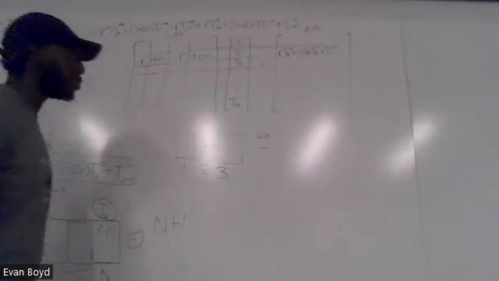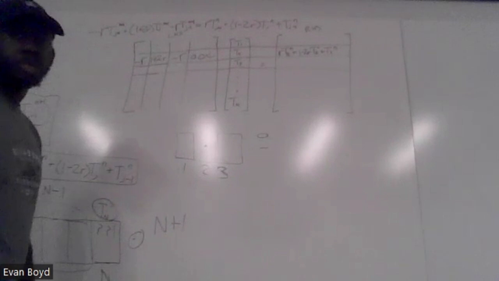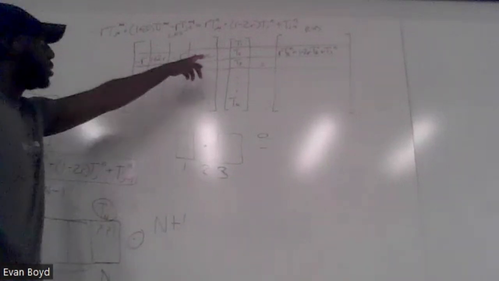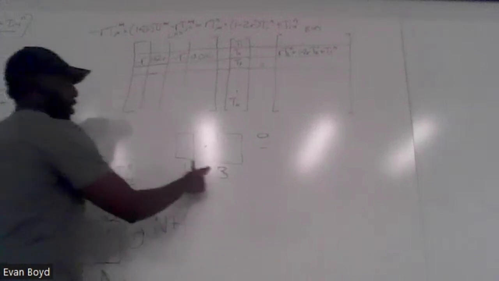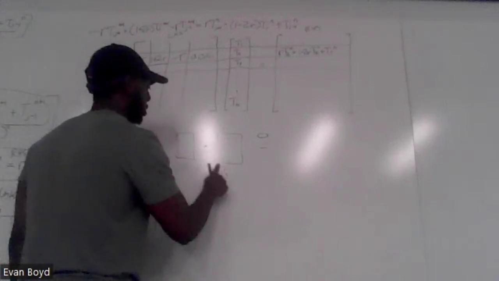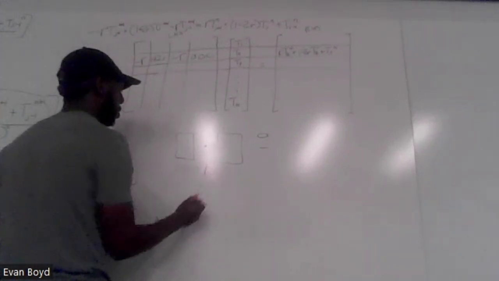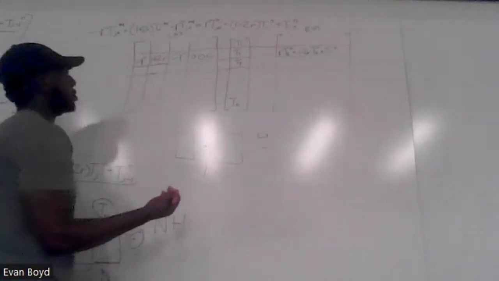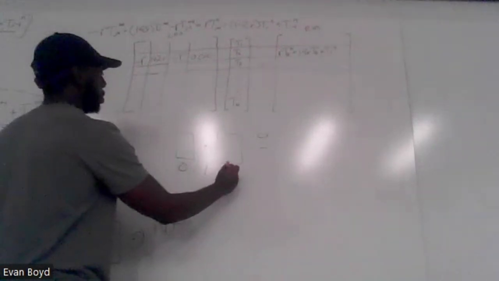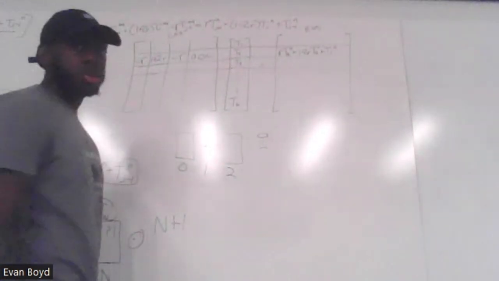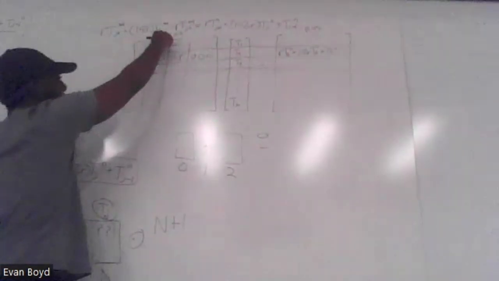Okay. So now let's do temperature at position 1. Again, now this would be 1. We have position 1, then we have position 0, and we have position 2. So our temperature at position 1, start here.